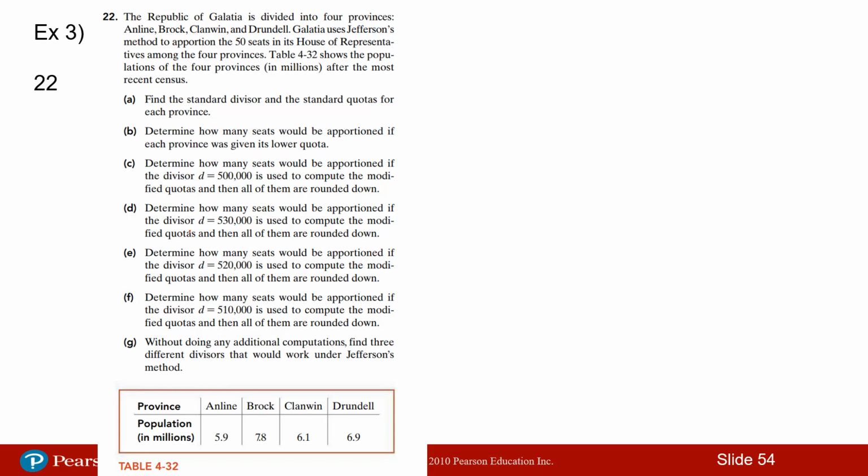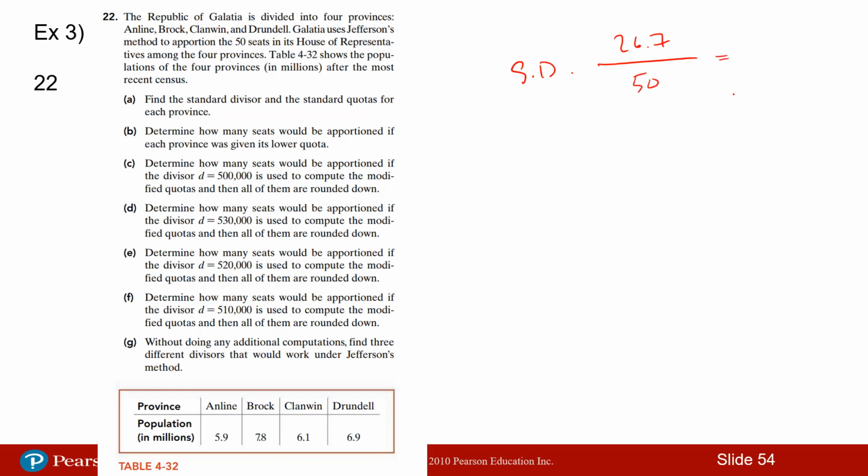Boom. All right, so SD. What's my SD? So 50 seats, right? The total population in millions, right? So I have to convert it to millions here. So 5.9 plus 7.8, 6.1, 6.9, what do we get? 26.7. We have 50 seats.